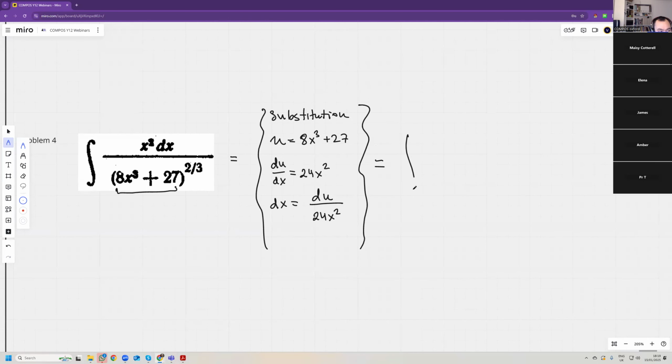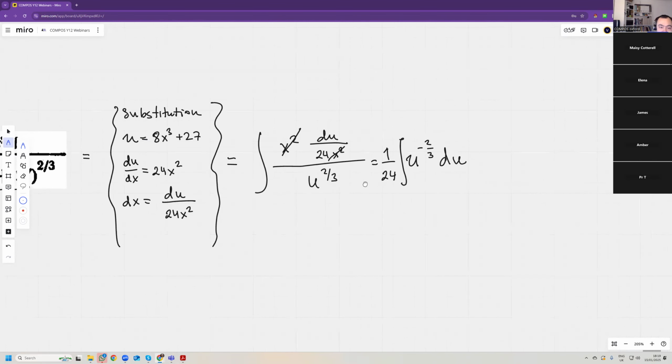So when I substitute, I get the integral of x squared times dx, where dx is du over 24x squared, over u to the power 2/3. X squared cancels, and I get 1 over 24 u to the power minus 2/3 du.